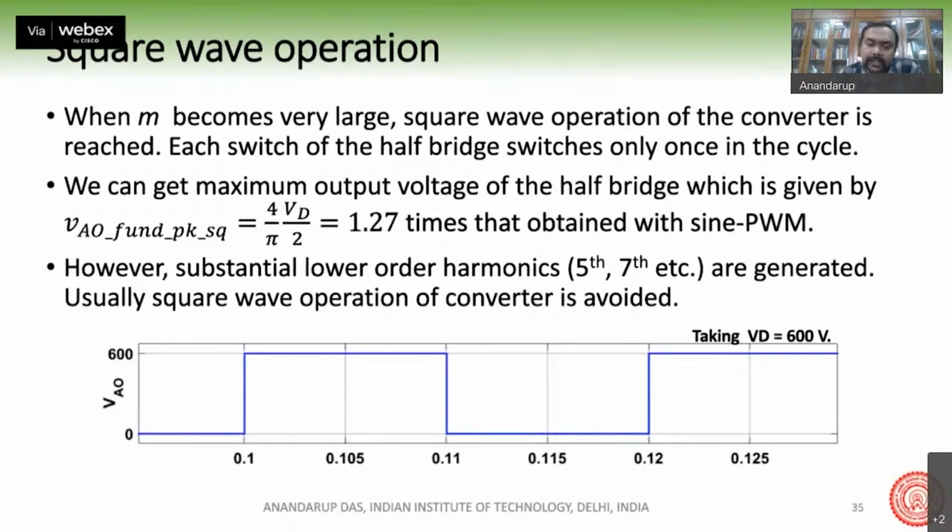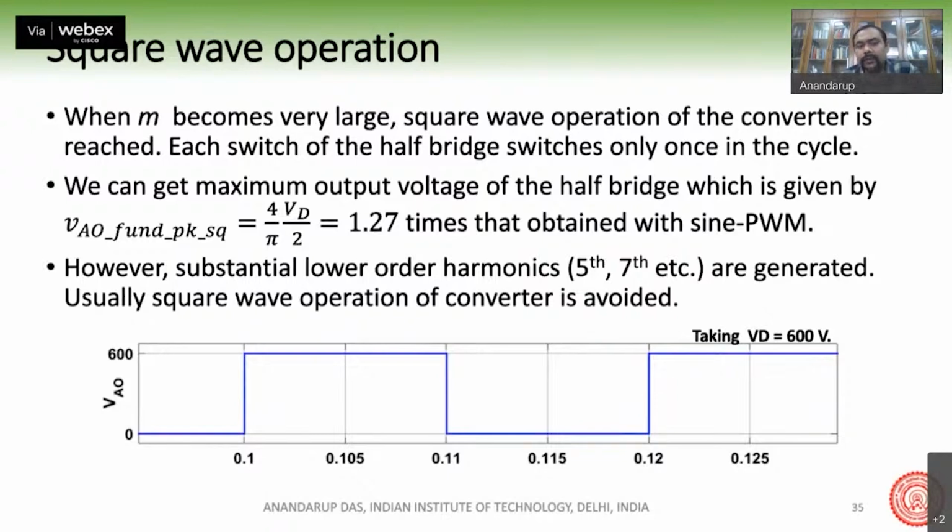But this comes at a cost. You will generate lower order harmonics, 5th, 7th, etc. So square wave is possible. Again, it is avoided, but if it is necessary, then you may go into the square wave. We had some time back worked on a project where we had to do square wave operation because the DC bus was very limited. We did not have enough DC bus voltage magnitude because of some other constraints.